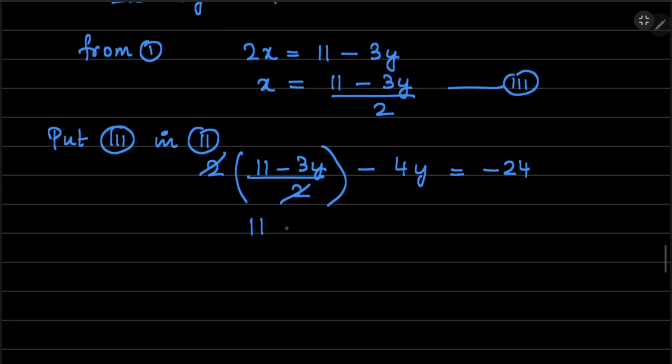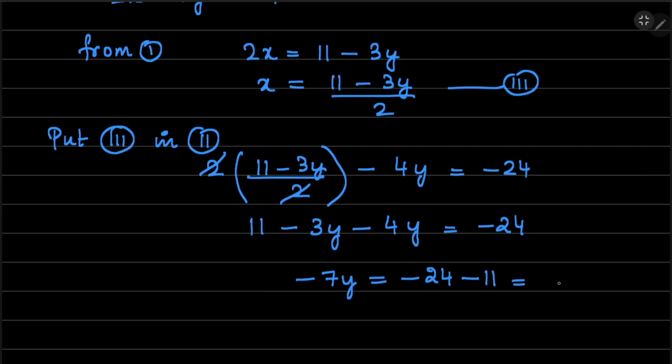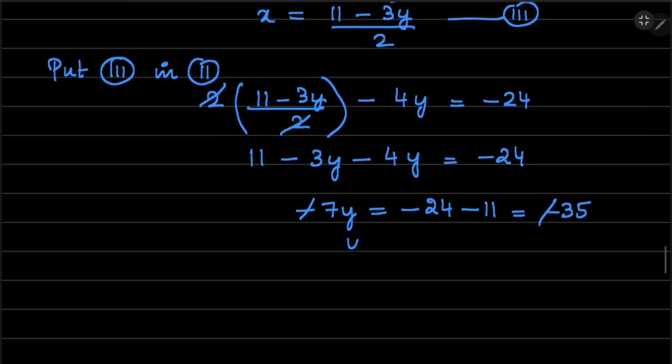So here you have 11 minus 3y minus 4y equal to minus 24. So minus 7y equal to minus 24 minus 11, which is minus 35. Negative gets cancelled. So y is equal to 35 by 7. 7 5s are 35. Therefore, y is equal to 5.